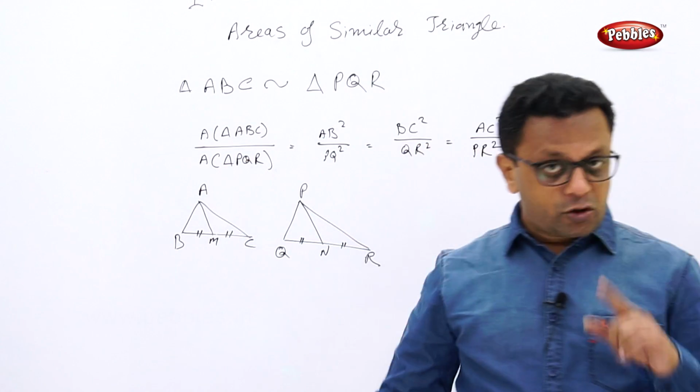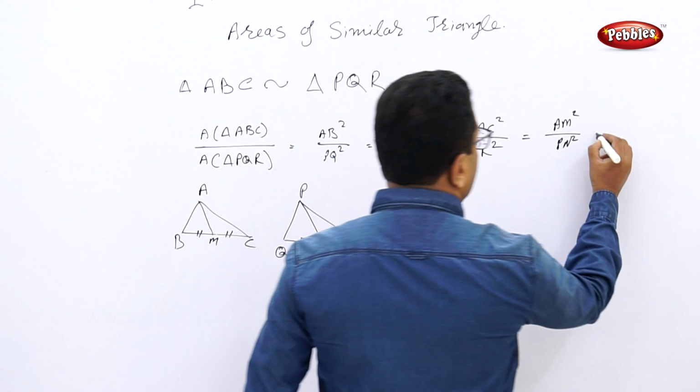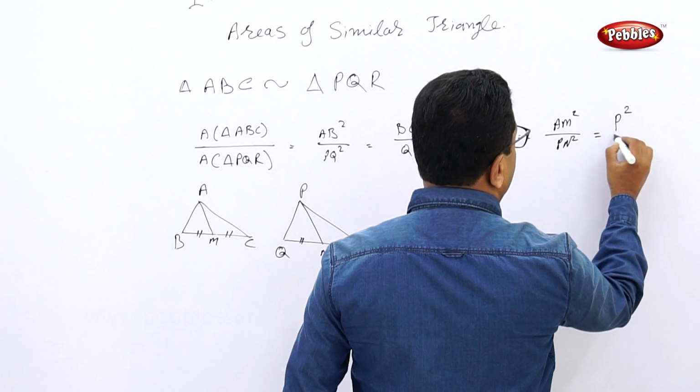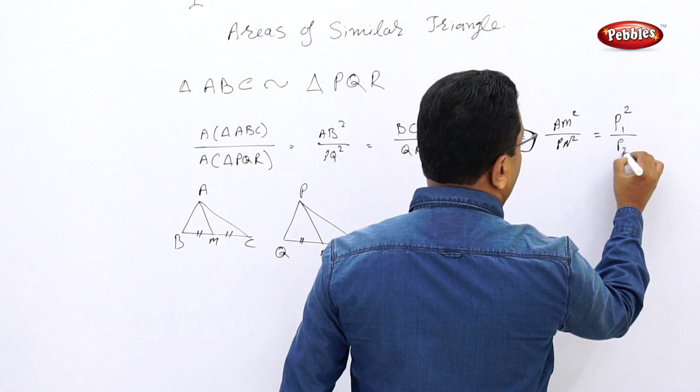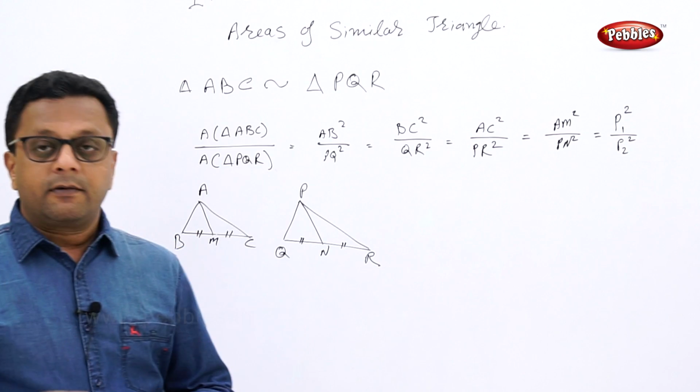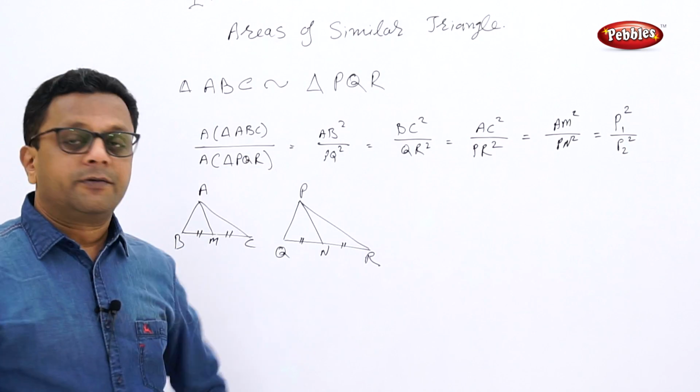Furthermore, we can also show that this is equal to the perimeter square of the first triangle upon perimeter square of the second triangle.